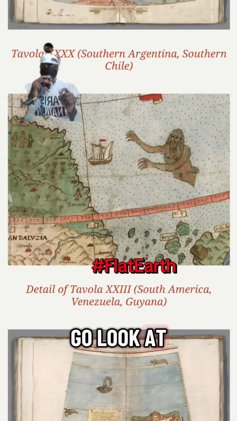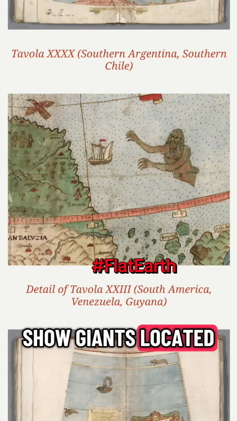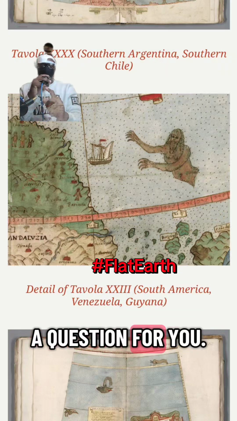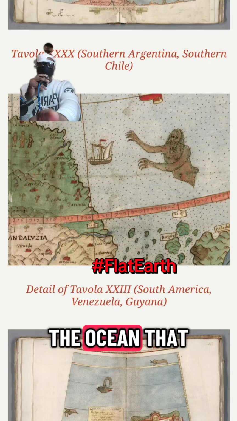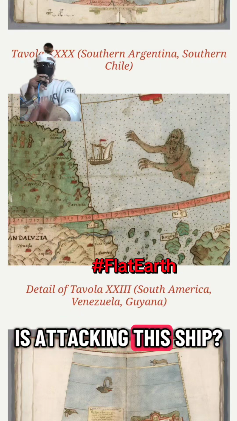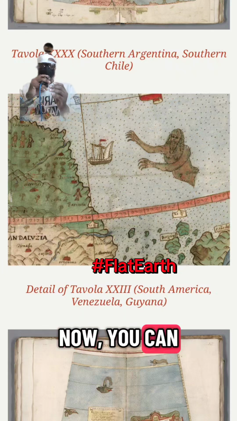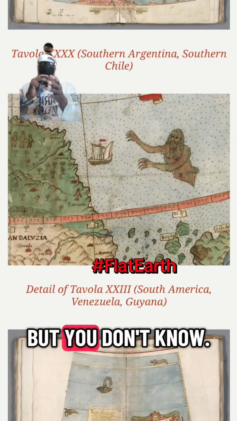Now, if you go look at this map, it would even show giants located in the Americas. Now, I have a question for you. What is this coming out of the ocean that is attacking this ship? Okay? Now, you can sit here and say, oh, that's not possible, but you don't know.